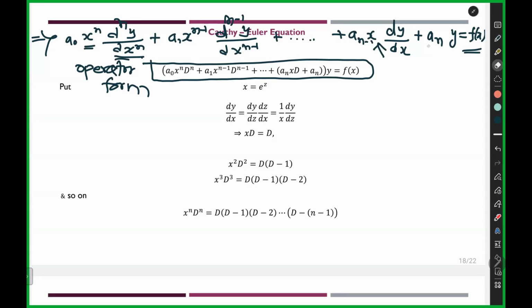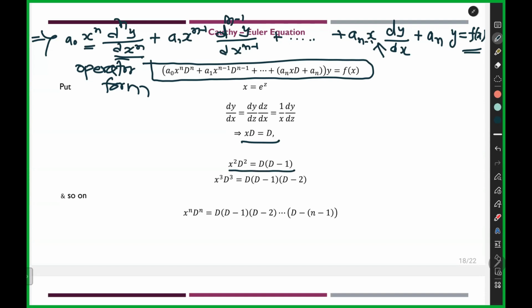What you have to do is simply replace x d by D, and x squared d squared by D(D minus 1).